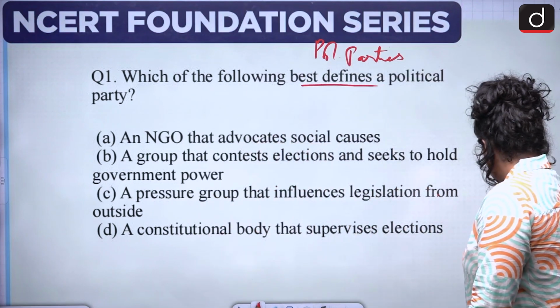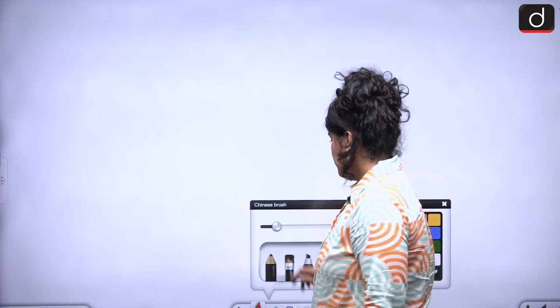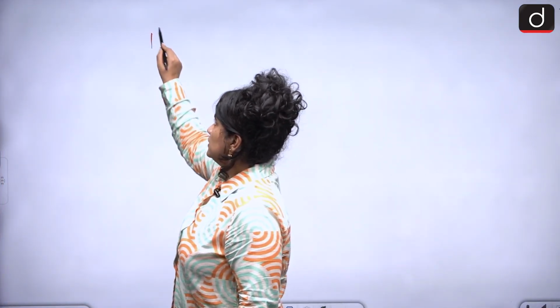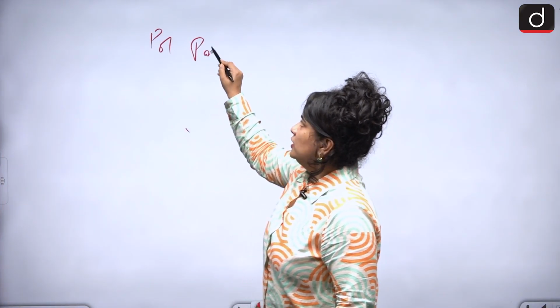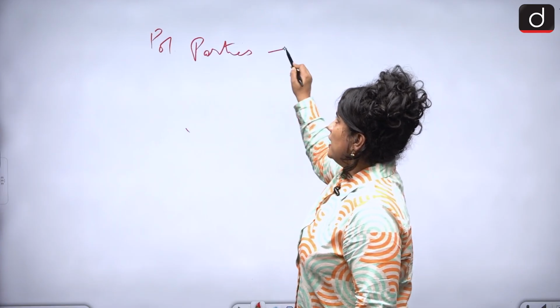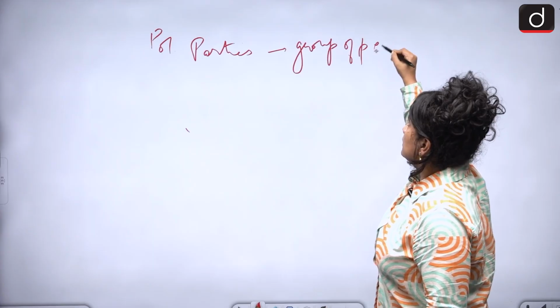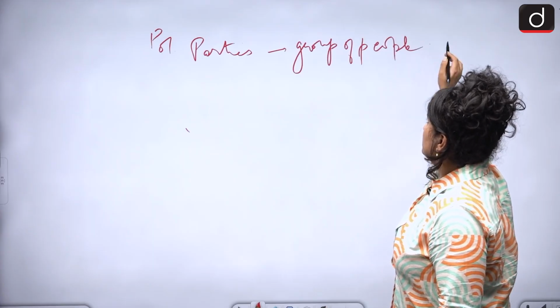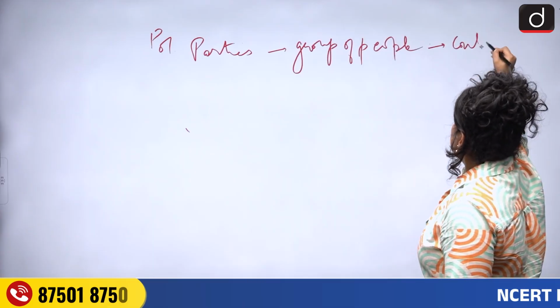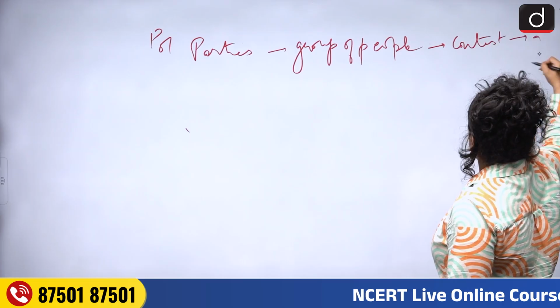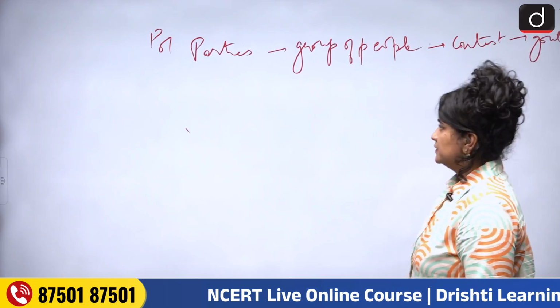So, political parties are a group of people that come together to contest elections and then form the government.